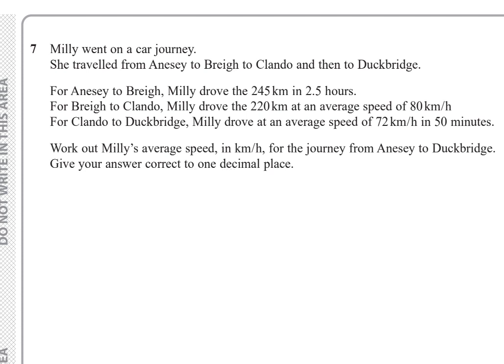To find the average speed, you have to find the total distance and then divide by the total time. So first, from Annecy to Bree, the distance 245 kilometers and the time 2.5 hours. Now from Bree to Clando, the distance 220 kilometers with average speed 80.